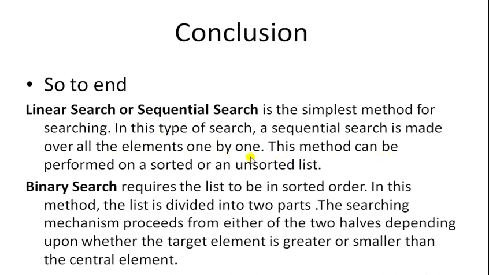This method can be performed on a sorted or an unsorted list. Binary search requires the list to be in sorted order. In this method, the list is divided into two parts. The searching proceeds from either of the two halves depending upon whether the target element is greater or smaller than the central element.